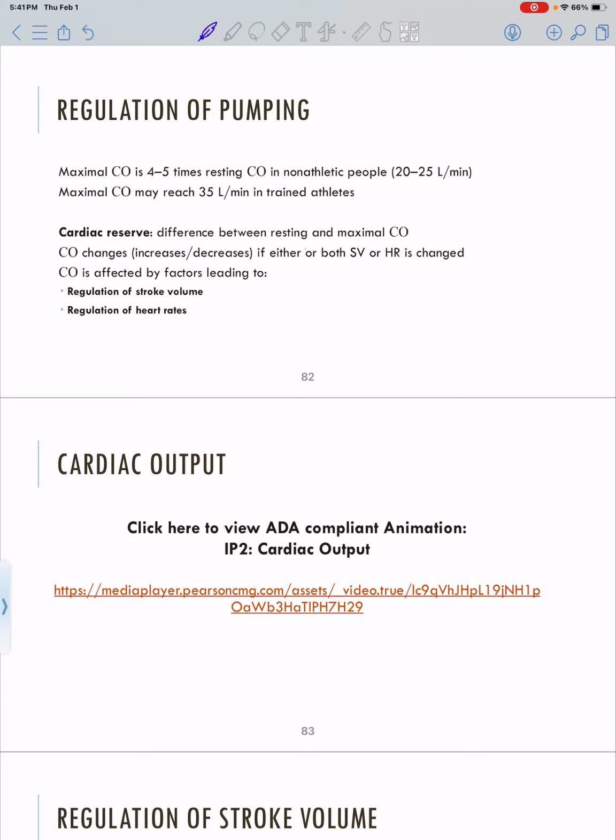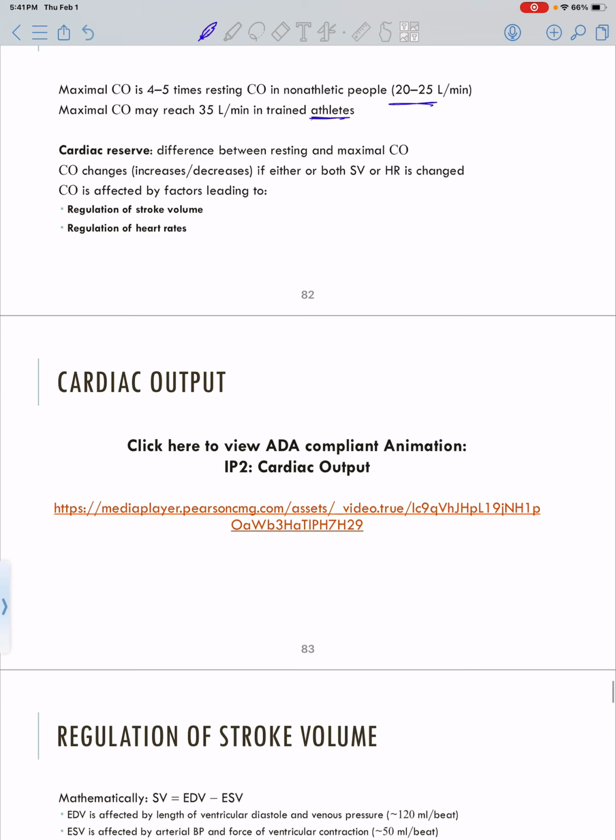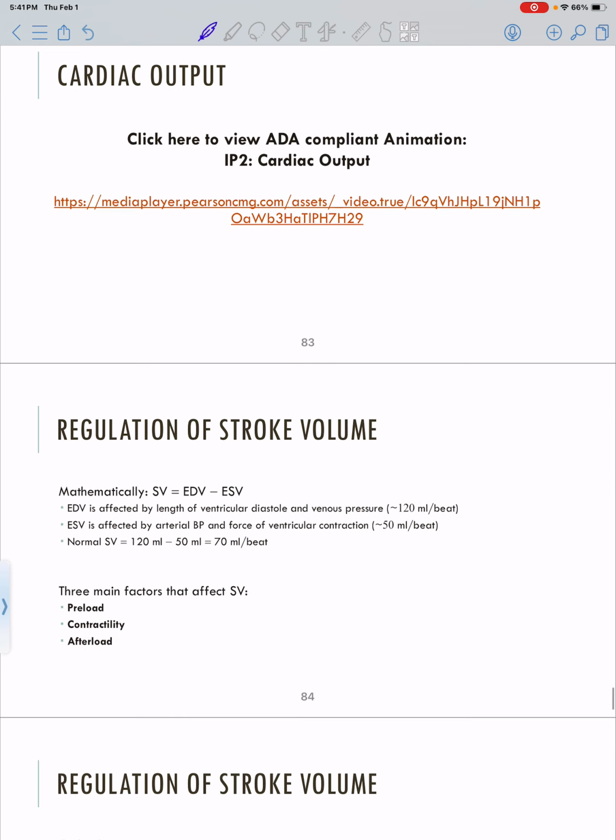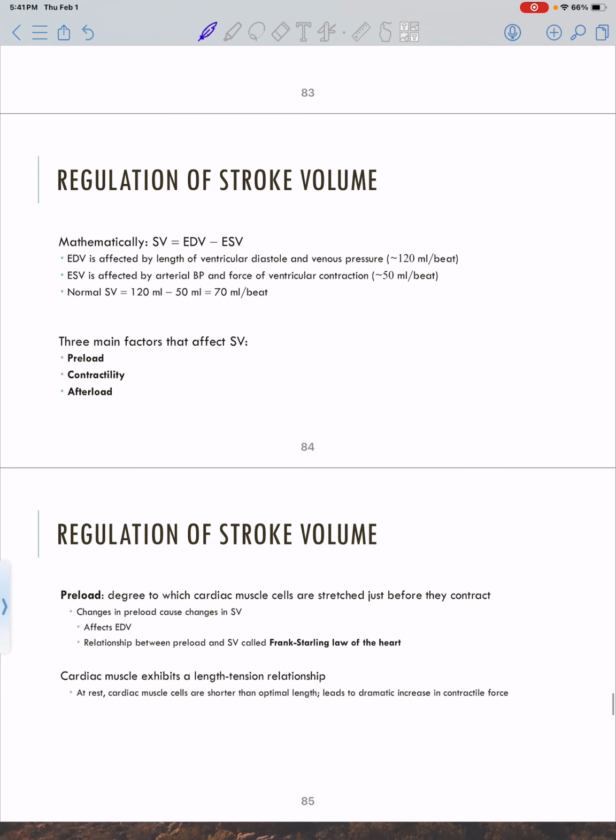So the difference between those two is our cardiac reserve. Our cardiac reserve is typically higher, and our cardiac output too, in athletes, and then non-athletic people typically have a lower cardiac output and a lower cardiac reserve. Here's a video if you want to click the link and watch it.